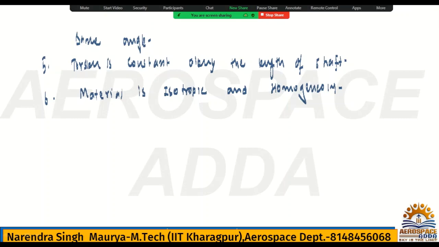Torsion equation, now you know. Now moving ahead, we have polar section, then solid shaft and hollow shaft. How to calculate the polar moment of inertia, I have already discussed. Then we'll go for the arrangement of shaft, that is series and parallel. Before that we have this analysis called polar moment of inertia.